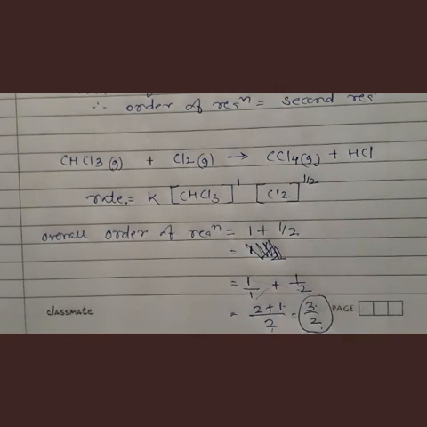In this way we can find the order of reaction with respect to reactants, or the overall order of reaction, with the help of the rate law. And rate law and order of reaction are experimentally determined things. Now the next point is molecularity of elementary reaction, that we will see in the next video. Let us stop here.